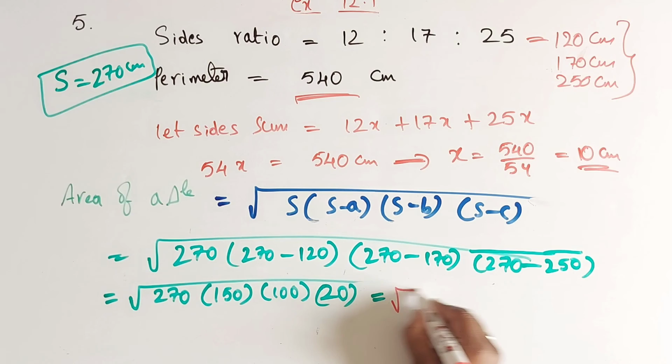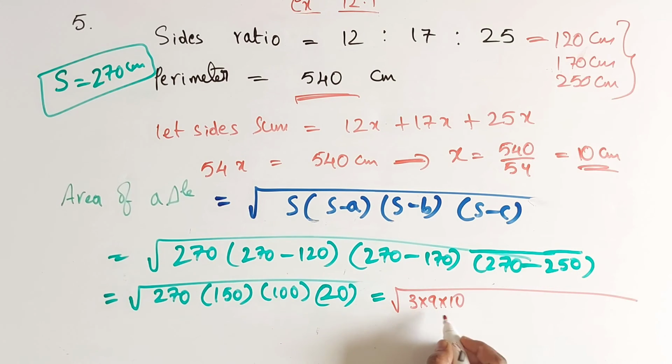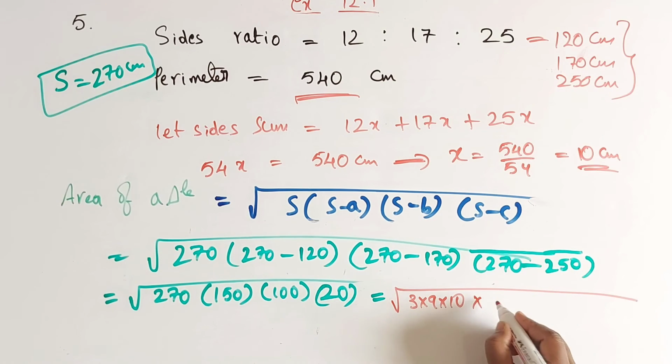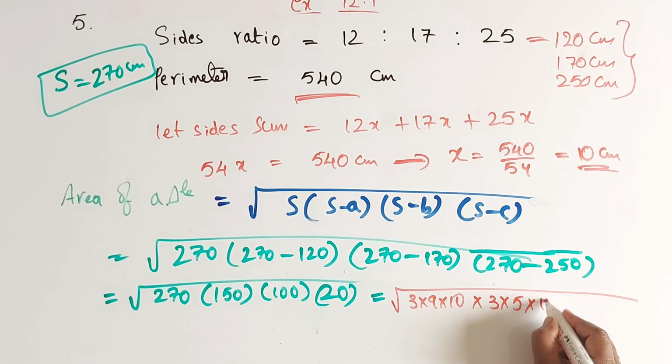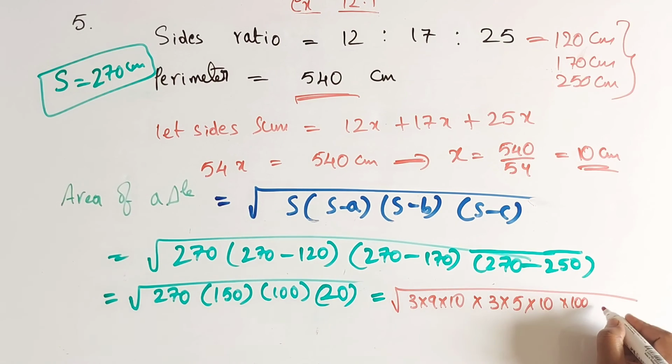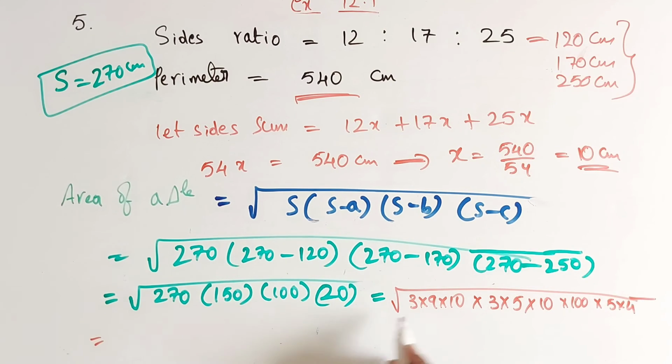This is equal to root of 3 into 9 into 10. 3 9s are 27 into 10, 270, and 150 equal to 3 into 5 into 10. 3 5s are 15 into 10, 150. 100 I am writing as 100 only, that means 10 square, and 20 that equal to 5 into 4. Now this one I can write it as 3 square and again one more 3 square.